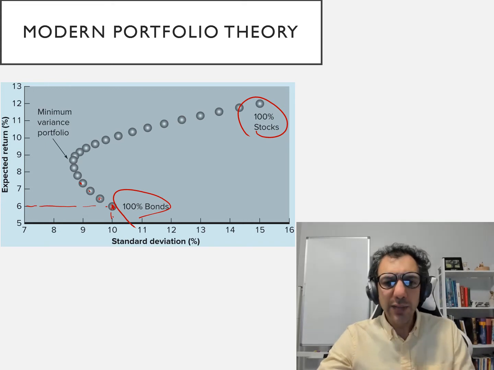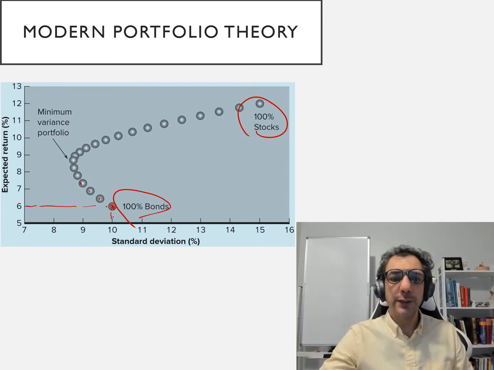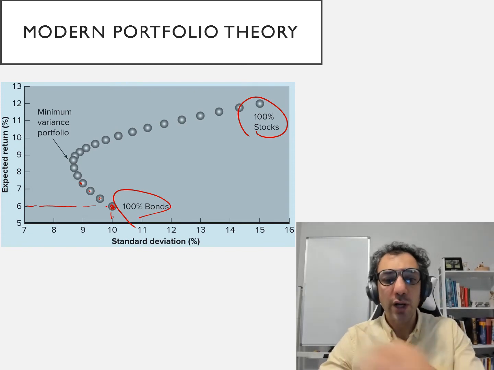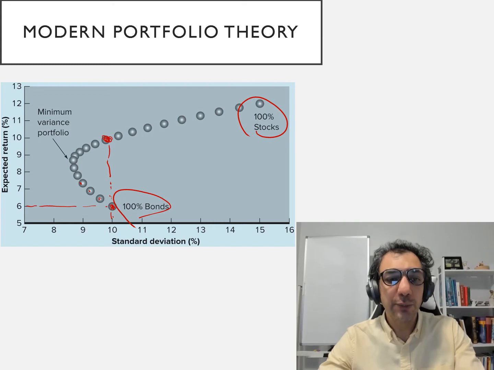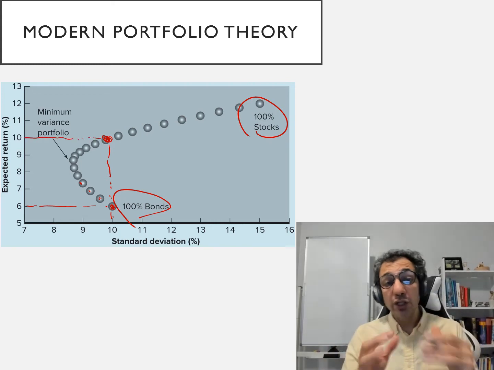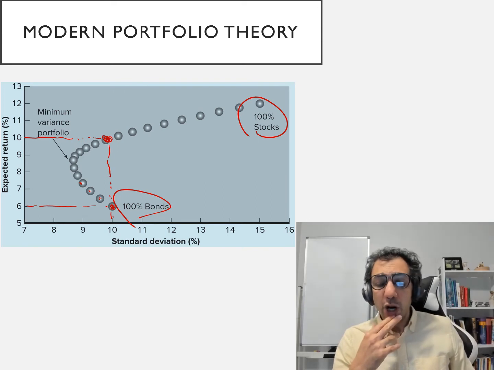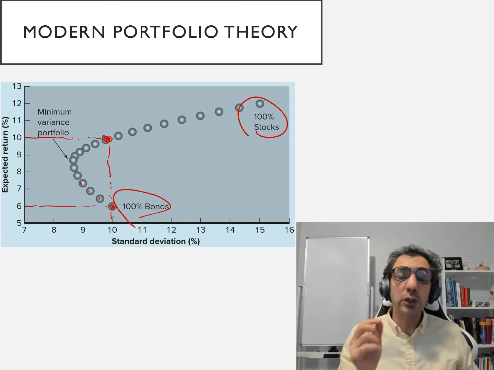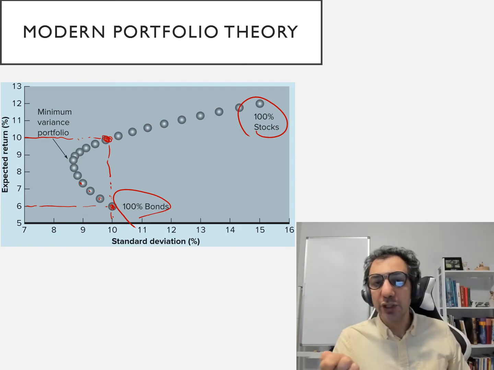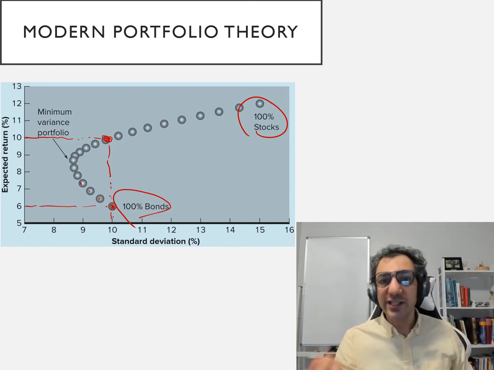Now, let me ask you this question. Will you choose this portfolio, 10% standard deviation, 6% return? For sure not. Why? Because with the same level of risk or standard deviation, you can go up and choose another portfolio which provides you almost 10%. The argument under MPT is that you will choose the portfolio with the higher return for the same level of risk, or the lower risk for the same level of return.